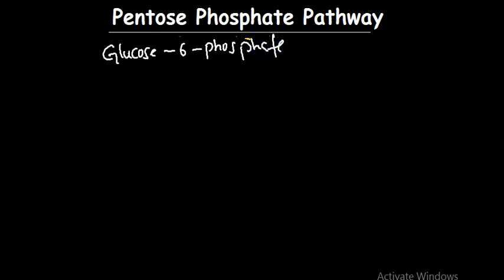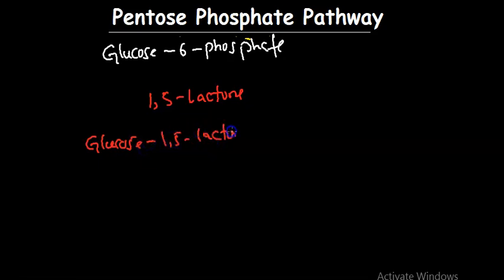To make it easier for the second step, the only thing that will be added is 1,5 lactone. Let me show you how it works. So we are going to bring back our glucose. Glucose is going to be glucose, then we'll put dash 1,5 lactone. Then bring back our 6, then phosphate.